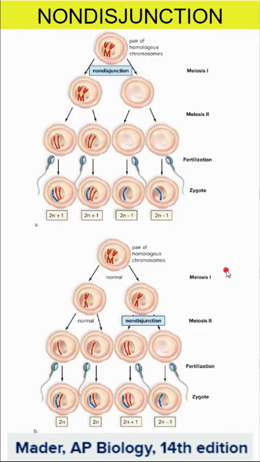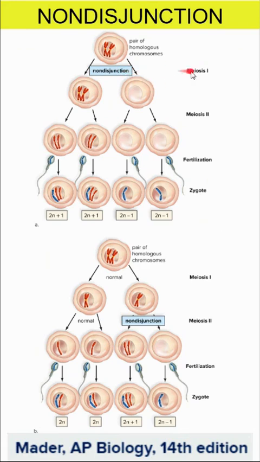When we start thinking about nondisjunction, it's the failure of chromosomes to separate during metaphase. And again, we have checkpoints built in to try and ensure that they're going to separate properly.